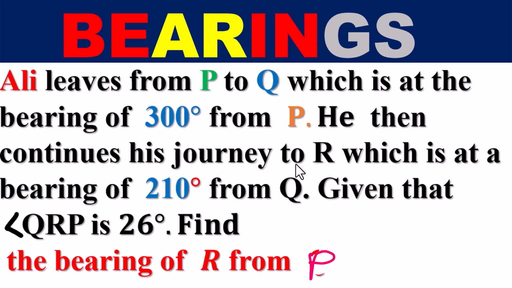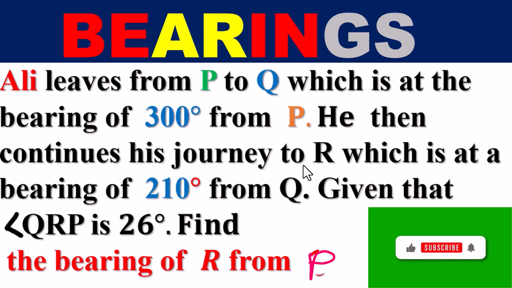Ali travels from P to Q, which is at a bearing of 300 degrees from P. He then continues his journey to R, which is at a bearing of 210 degrees from Q. Given that angle QRP is 26 degrees, find the bearing of R from P.